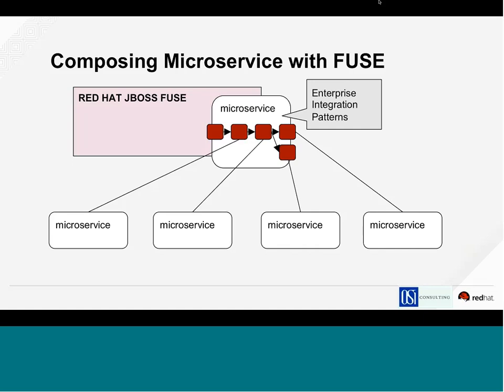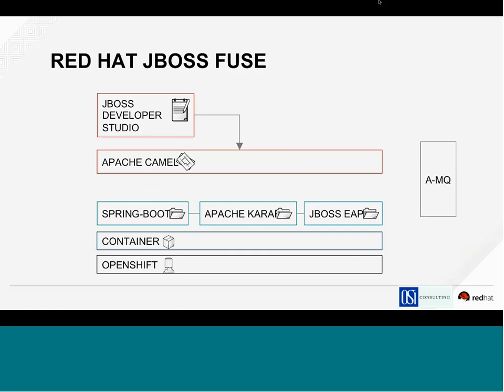Maybe I need customer information, maybe shipping information, maybe logistics or promised delivery time. I need to gather this information from various services and expose it in a single composable service that I can deploy in JBoss Fuse as well. So not only microservices themselves, but composable microservices. These use enterprise integration patterns, which I'll get into a little bit later.